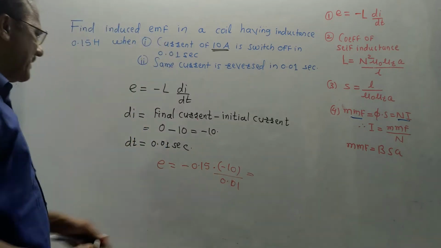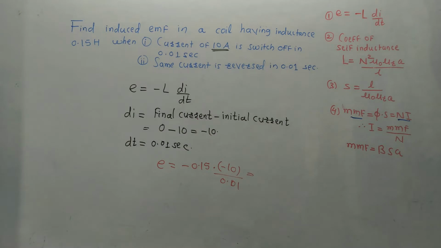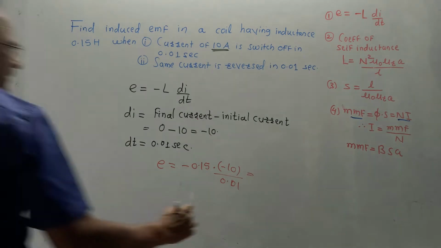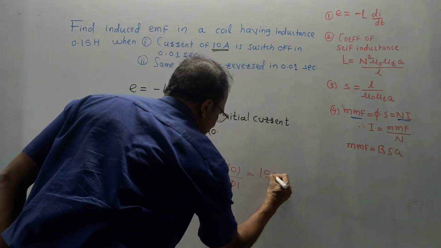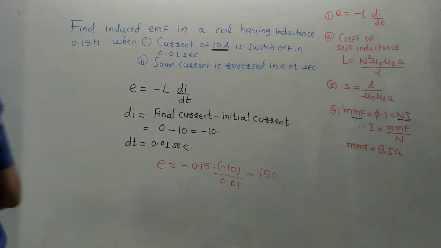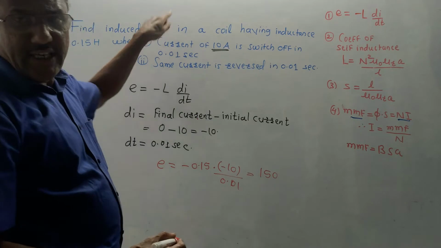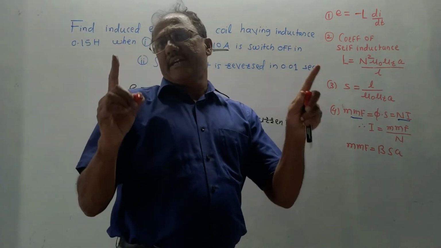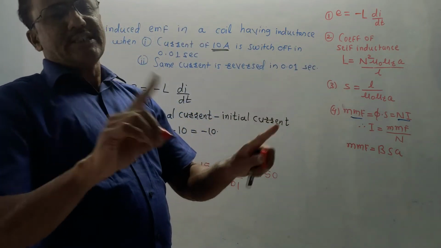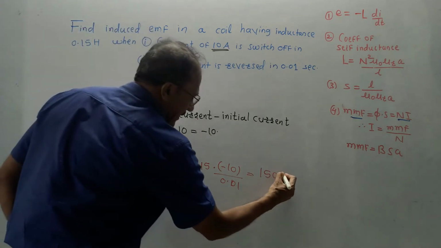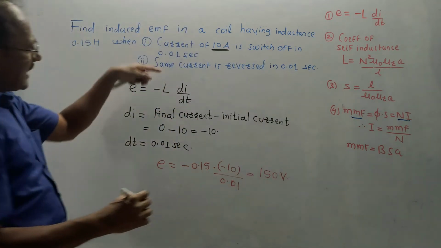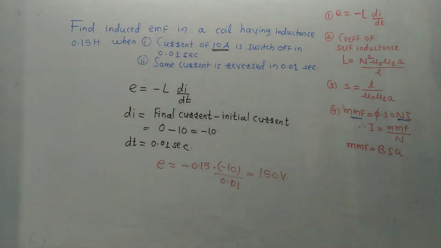Do remember, minus minus becomes plus. So after completion of this calculation, this answer is 150. What about the unit? This is the value of induced EMF. Do remember one word: EMF is electromotive force, which is the same as voltage. So its unit is volt. This is about the first part.